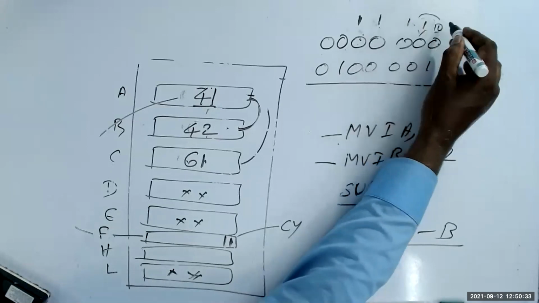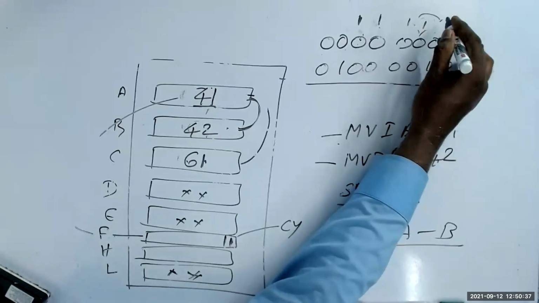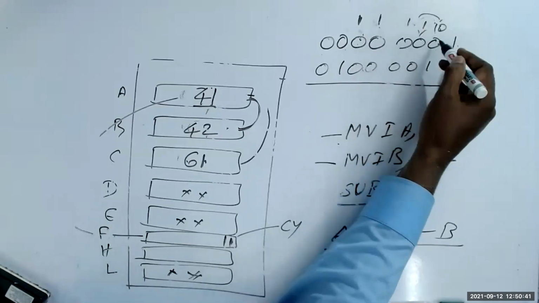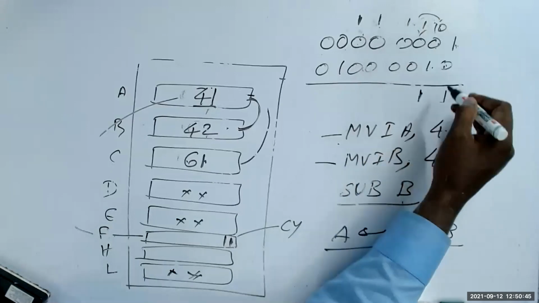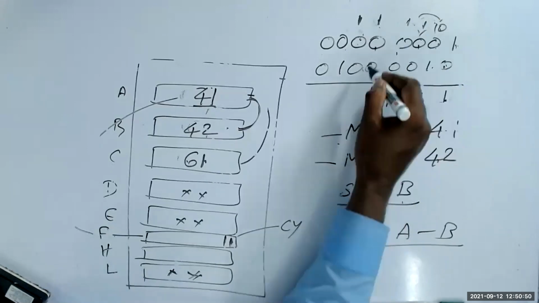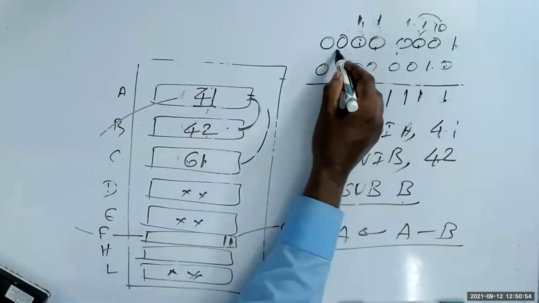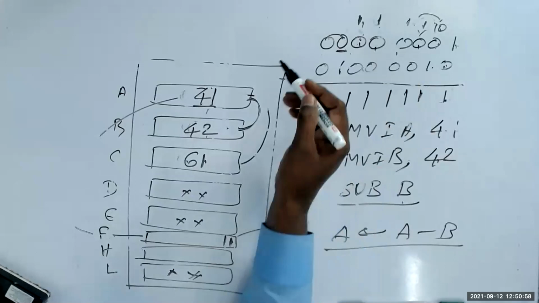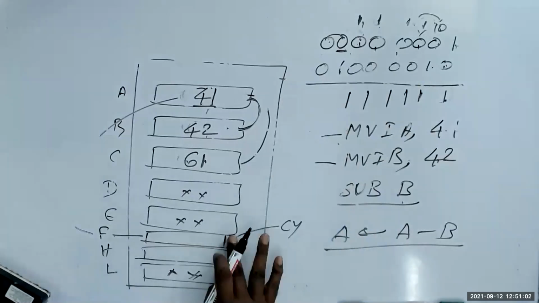Sorry, here you're not borrowing. This becomes 10, that is 2. 2 minus 1 becomes 1. This was 1 actually. 1 minus 0 is 1. Then 1, 1, 1, 1. What happened here? Once again, 0. So this guy borrowed, but this guy is 0. Where will I borrow? I borrow from outside. I set this bit as 1. That time this guy acts as a borrow bit.